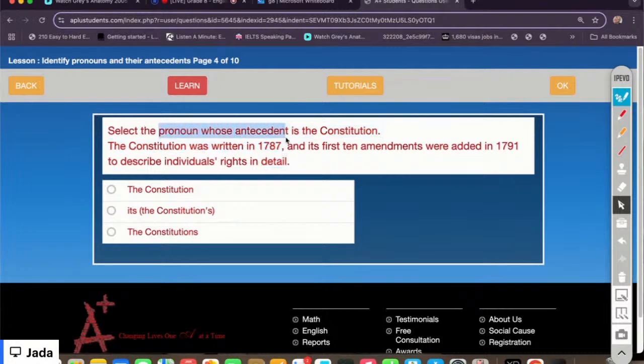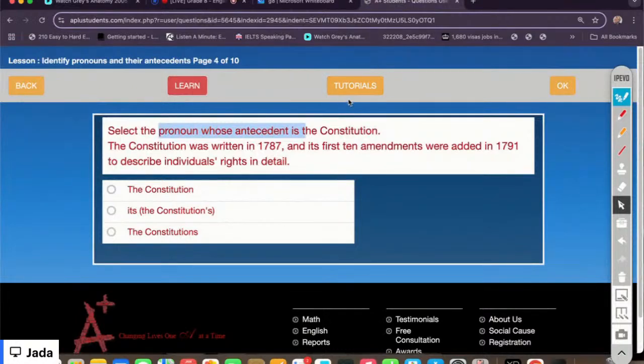So select the pronoun whose antecedent is the Constitution. Okay, it's this one.